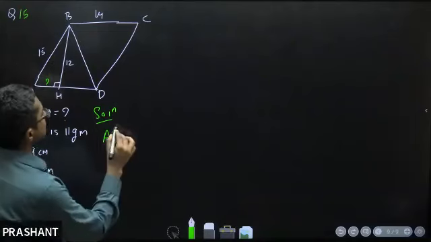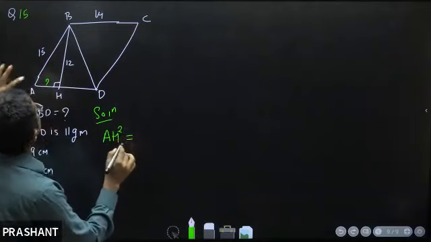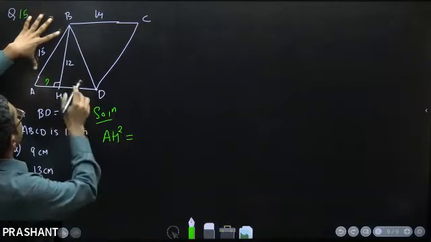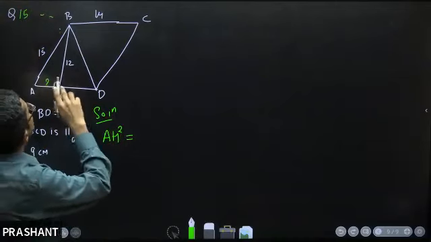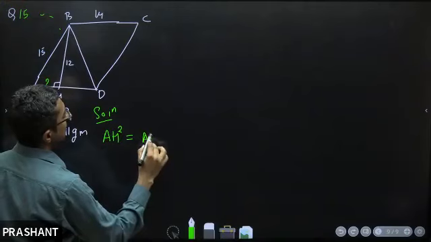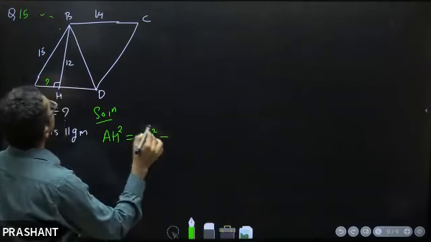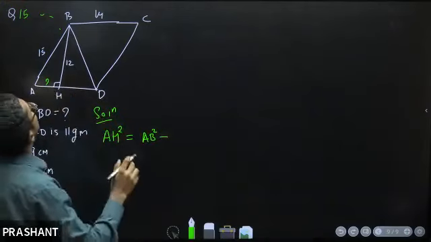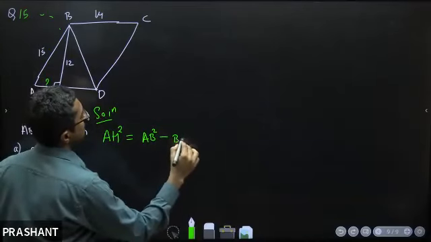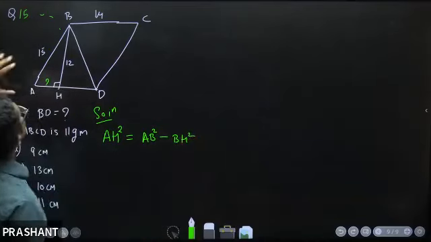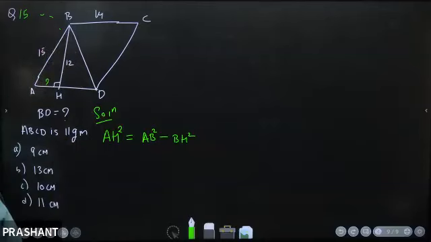AH square is equal to hypotenuse, opposite to the perpendicular, so that is AB minus BH. Correct? AB minus BH square.